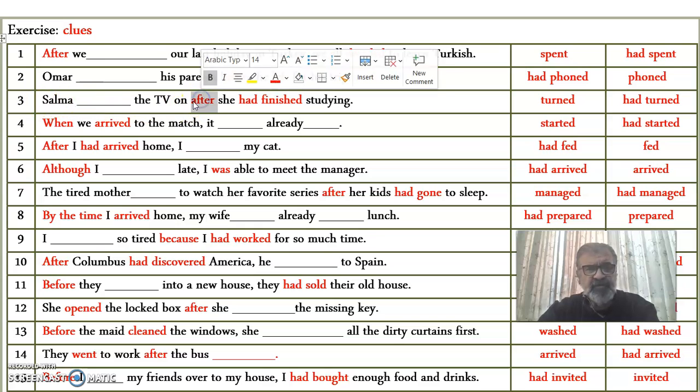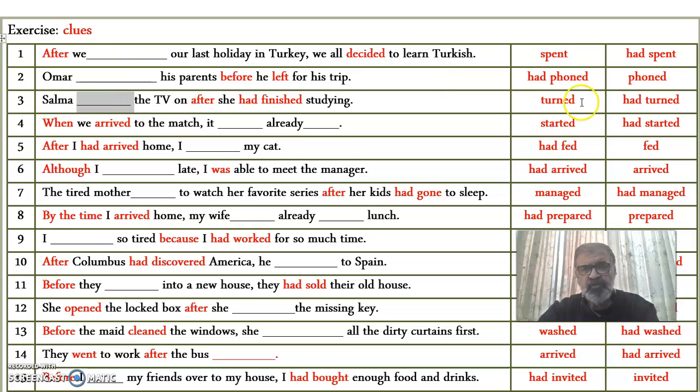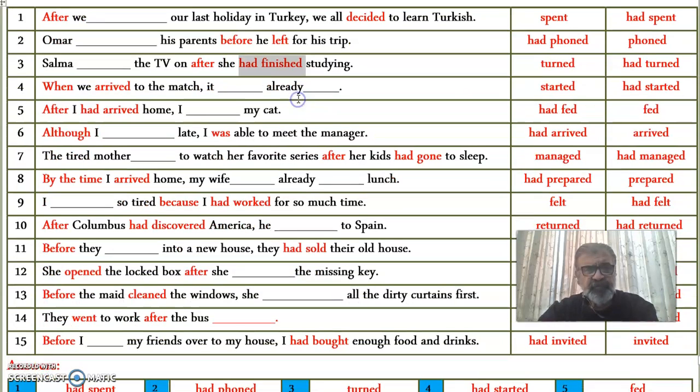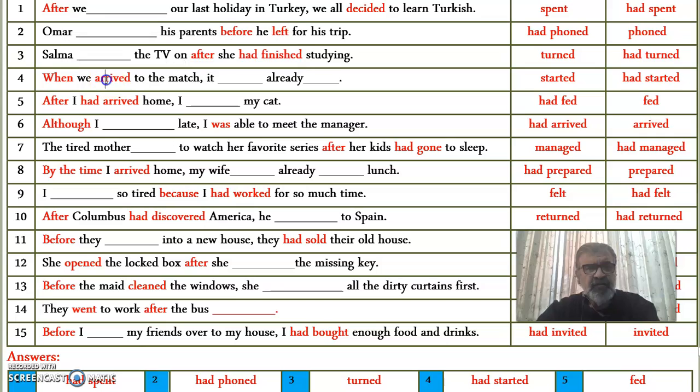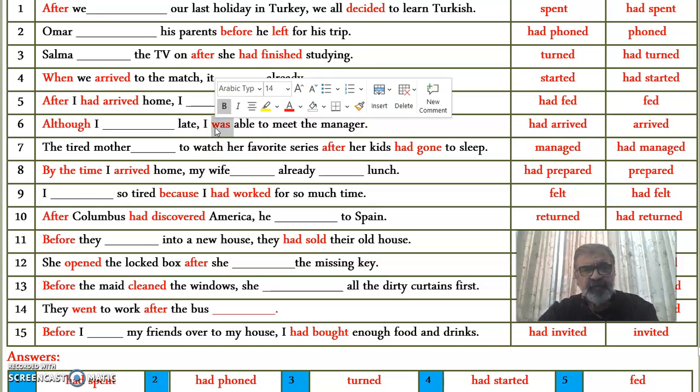Selma, after, preceded by action 2, turned, followed by action 1, had finished. When, followed by action 2, then had started, action 1, had already started. After, followed by action 1, then action 2, fed. Although, followed by action 1, past perfect, had arrived, then action 2, was able.